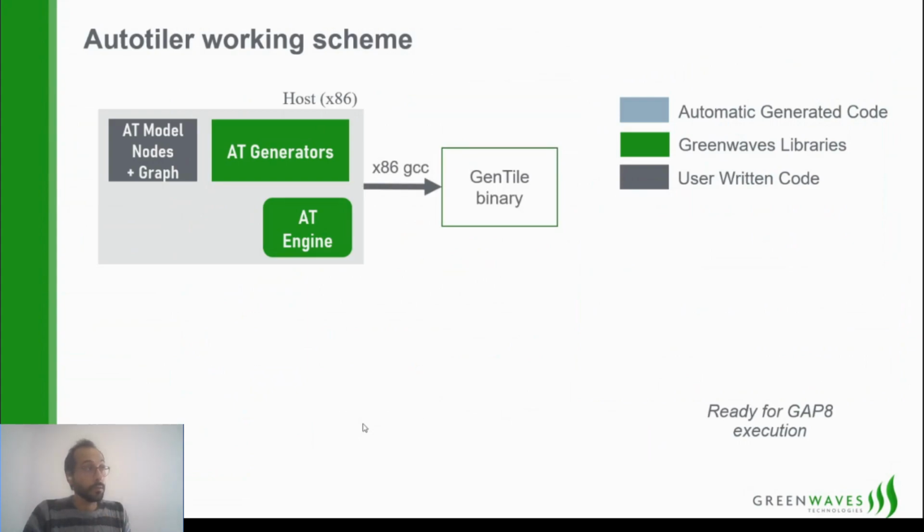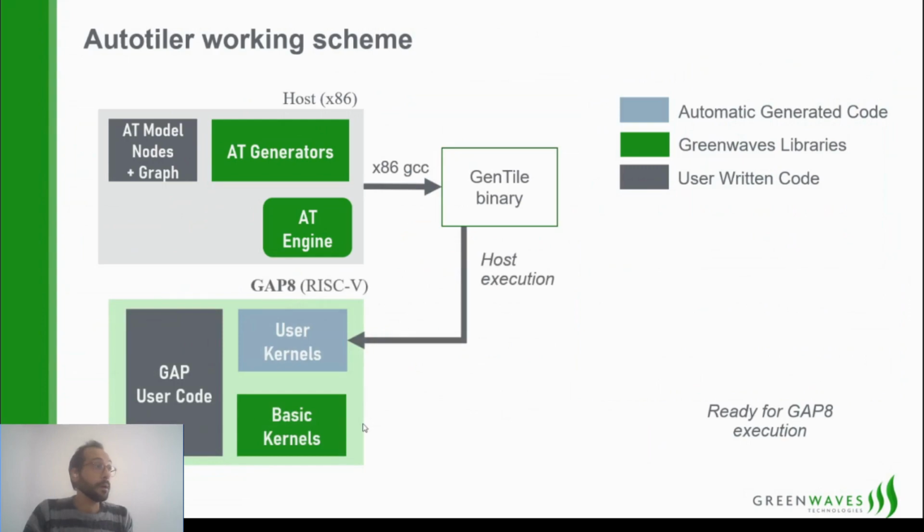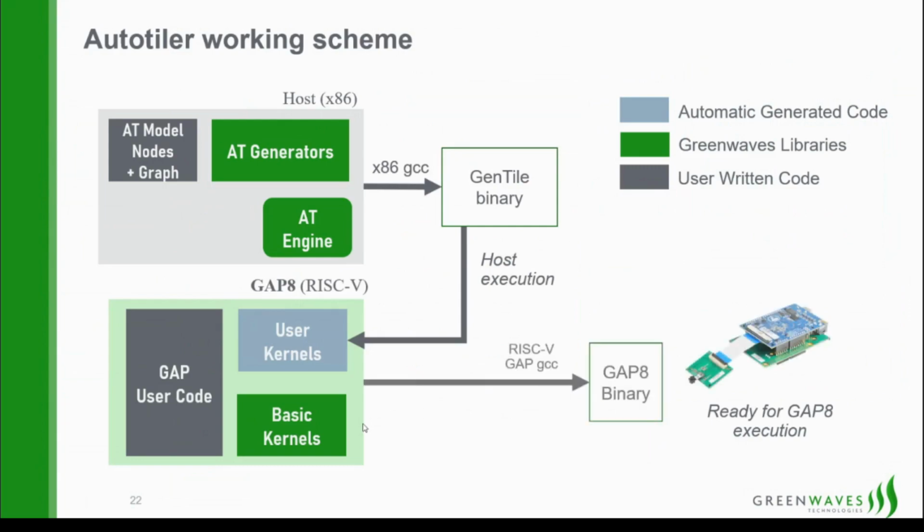The optimizer produces an x86 binary, which is then executed on the PC and produces what we call user kernels, which are all the layers of your network plus all the memory movements. Then if you want to write your own application, you write your user code that calls these kernels and exploits the basic kernels, the units that are actually doing the job.